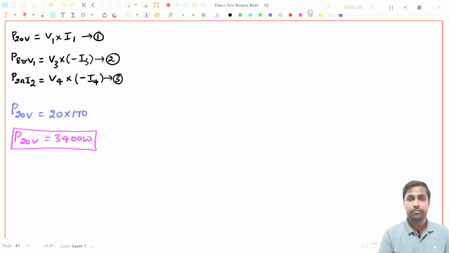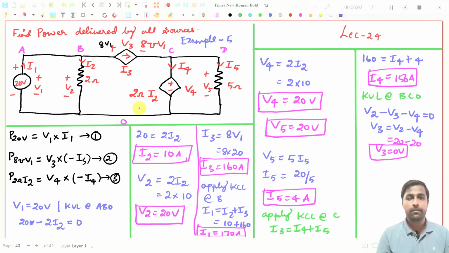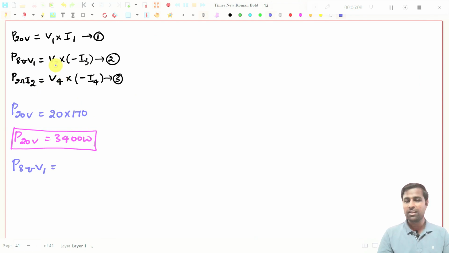Next, I need to find the power of this 8 mho V1 source, right? So P of the 8 mho V1 source should be equal to, what is V3? V3 is 0. Obviously it has to be 0, right? Whatever I3 may be, that is not going to create any problem here.